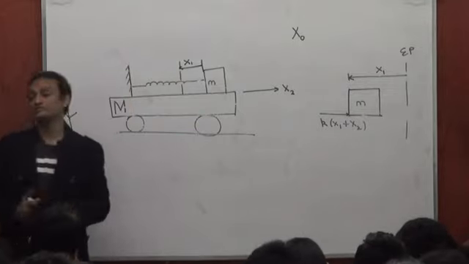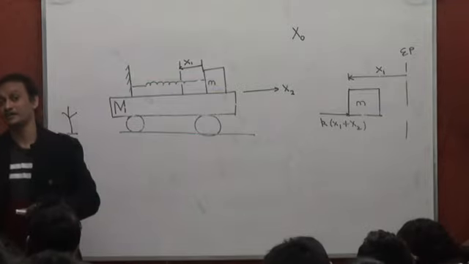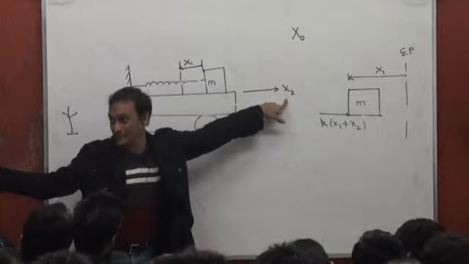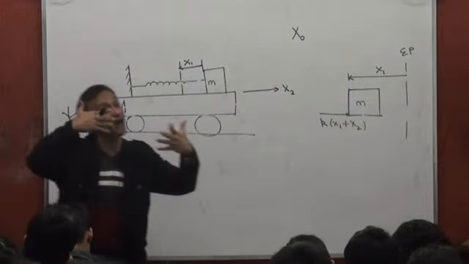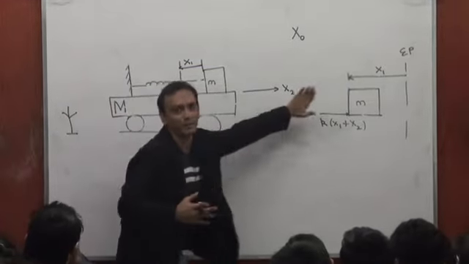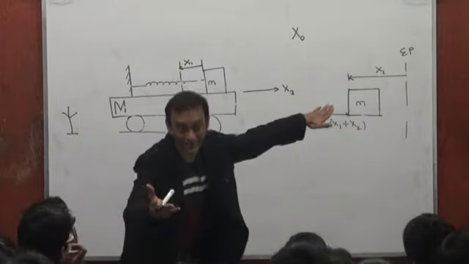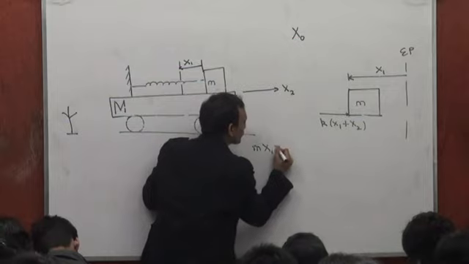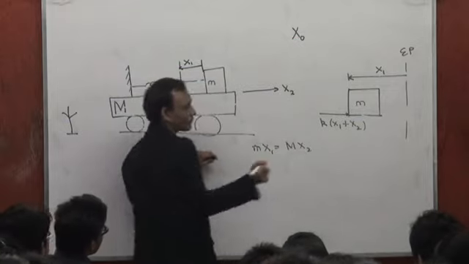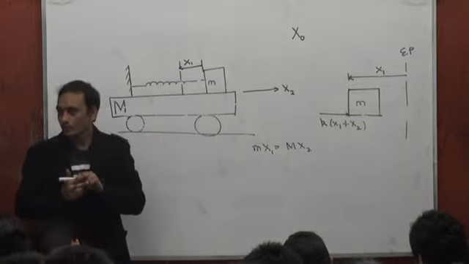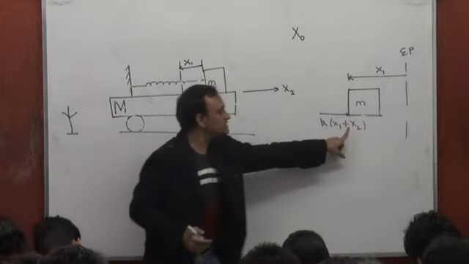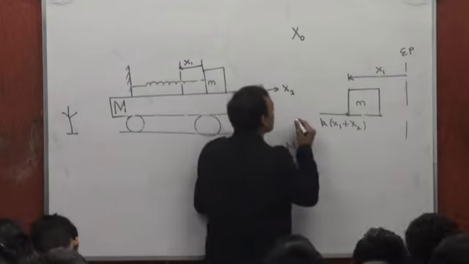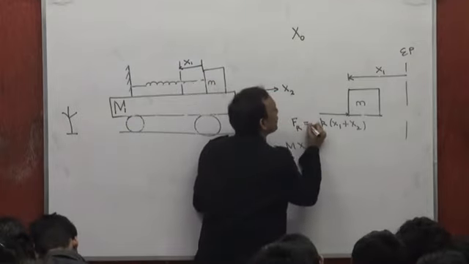Again, to preserve the x coordinate of the center of mass, like I discussed at length, small m into x1 must be capital M into x2, right? So this x2 I can replace by m x1 by capital M. That's a restoring force acting on small m.